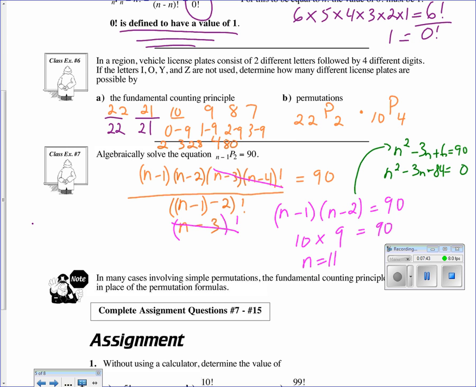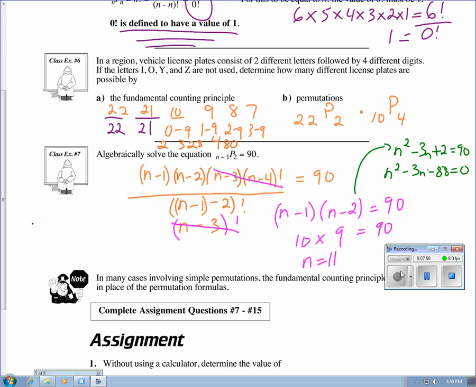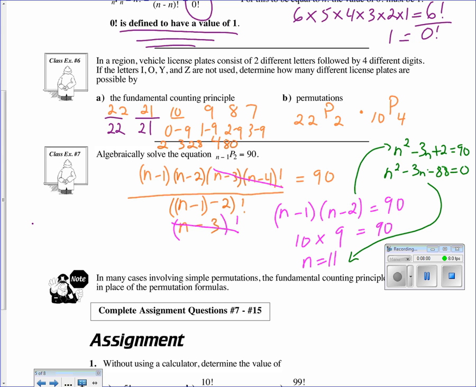You should be able to factor that and take the only positive solution into that position. So that's lesson 2. Our calculator is going to come in really handy. Let's try some out.